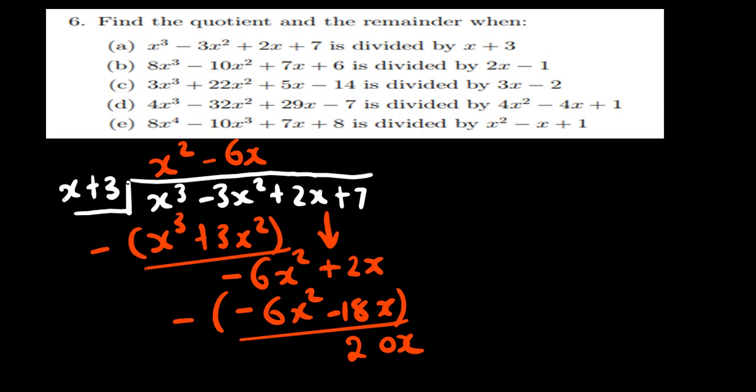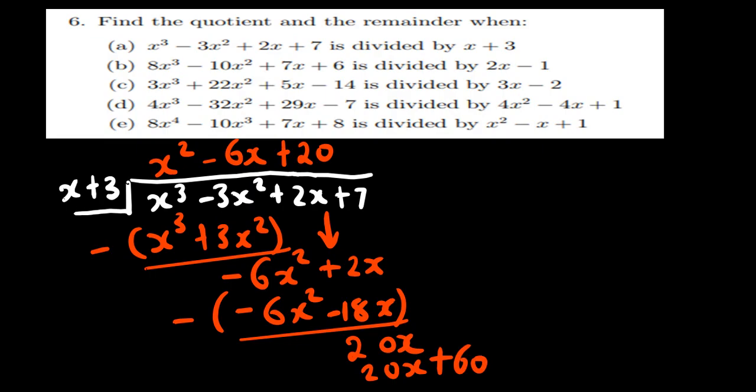Okay, then I can divide with the x again. When I divide with the x, I'm going to have a 20, so plus 20. Then 20 multiplied by x plus 3, that is like a 60.